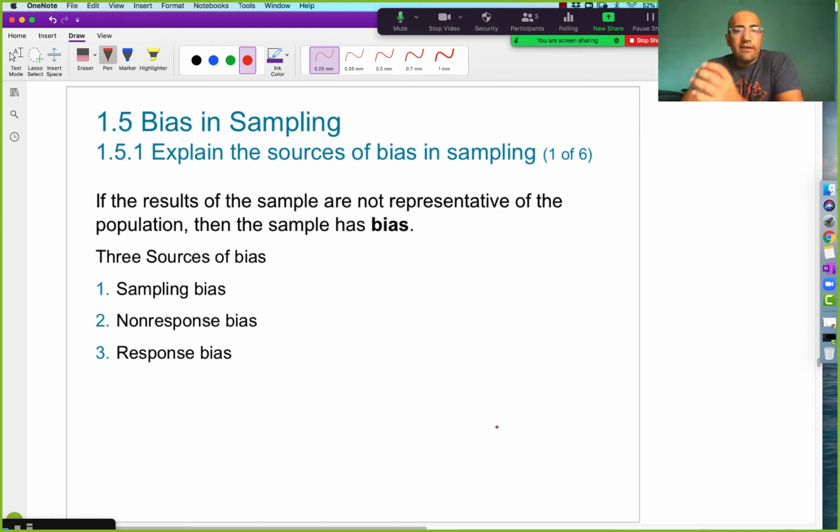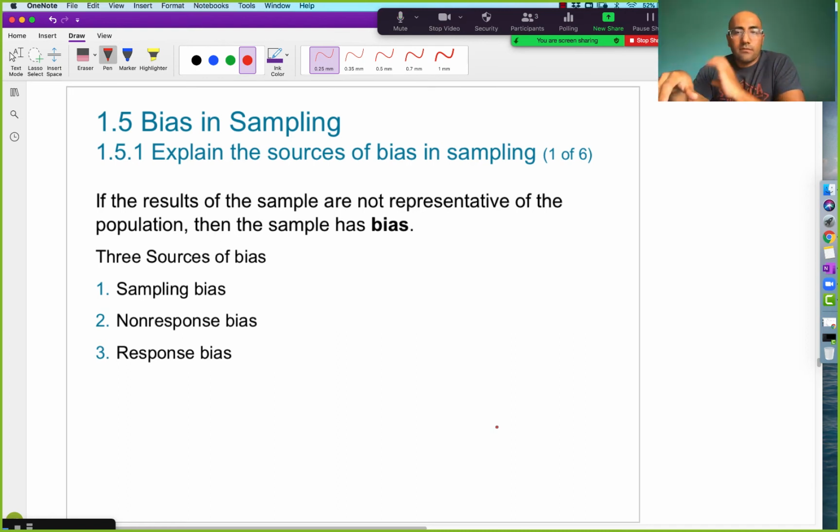So if we do a good job of selecting our sample through a random process, and our sample does a really good job of representing the population in all aspects, for example, if you think about our school, all 20,000 students, and I randomly pick 100, if that random sample of 100 was all male, that would obviously not be a good representation of the entire school, right?